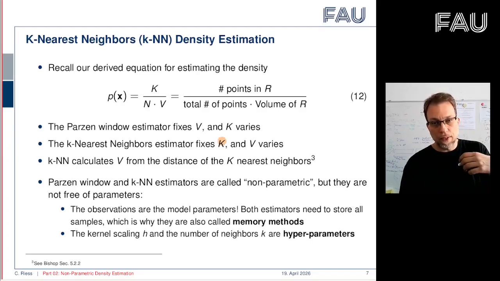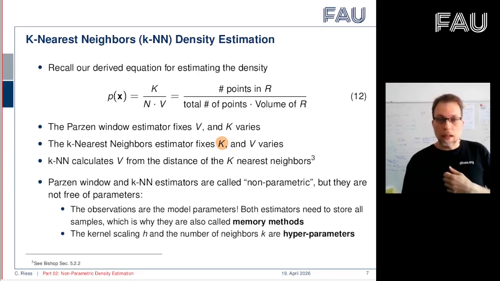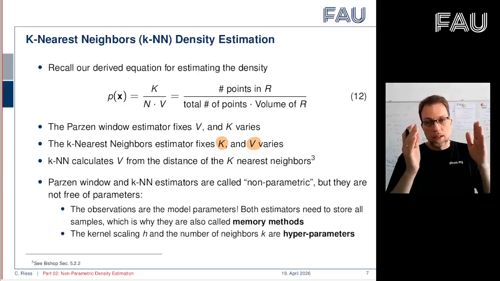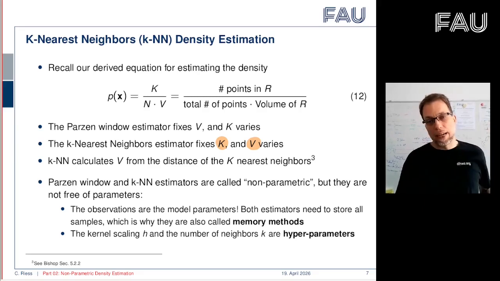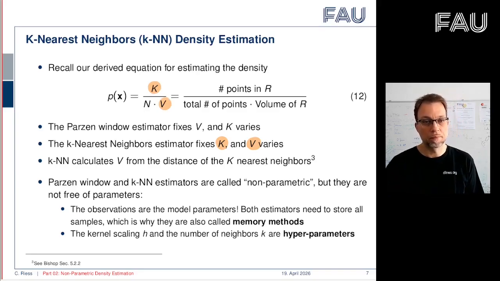It fixes k, so it always looks at k equals 3 or k equals 5 neighbors, and the volume, the distance that we need to find these 3 nearest neighbors, may vary depending on how far away they are. So this means k is a constant, and V is variable in the k-nearest neighbor. And V can then be calculated from the distance of the k nearest neighbors.